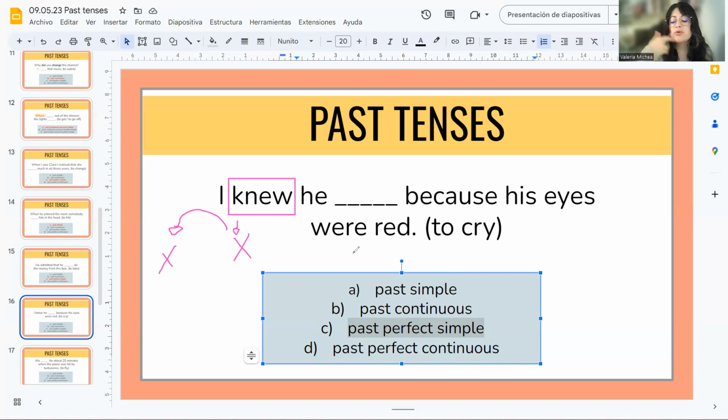So it would be better if the sentence says, I knew he was crying because I saw him crying. You know? But apparently in the sentence, we didn't see him crying. We just saw his red eyes. So I think that he cried before we saw him. That's what I think because of the context.